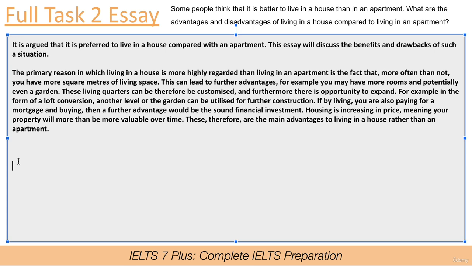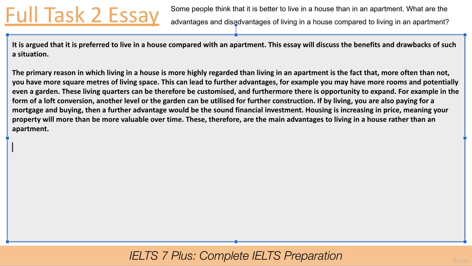If by living you are also paying for a mortgage and buying, then a further advantage would be the sound financial investment. Housing is increasing in price, meaning your property will be more valuable over time. These, therefore, are the main advantages to living in a house rather than an apartment.